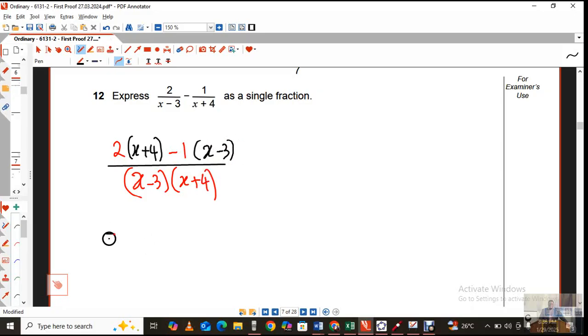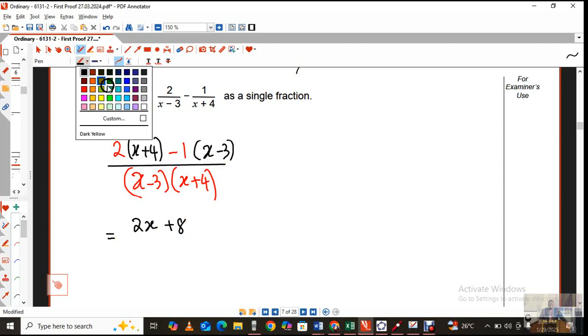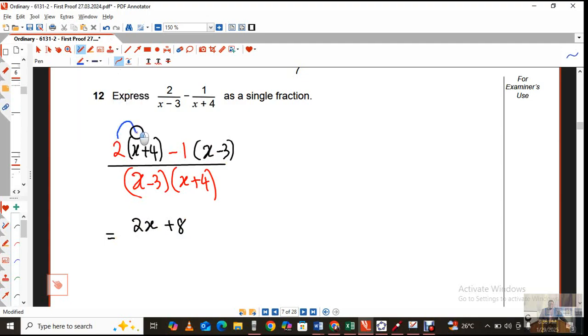So now we will be expanding that numerator, which is 2 times x plus 4, that is 2x plus 8. That is if we were now to expand. So you'll have to do that and that. And then you multiply out here. That is going to be minus x.